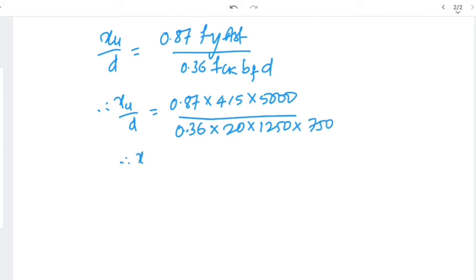When you solve this one, XU by D is equal to 0.267.